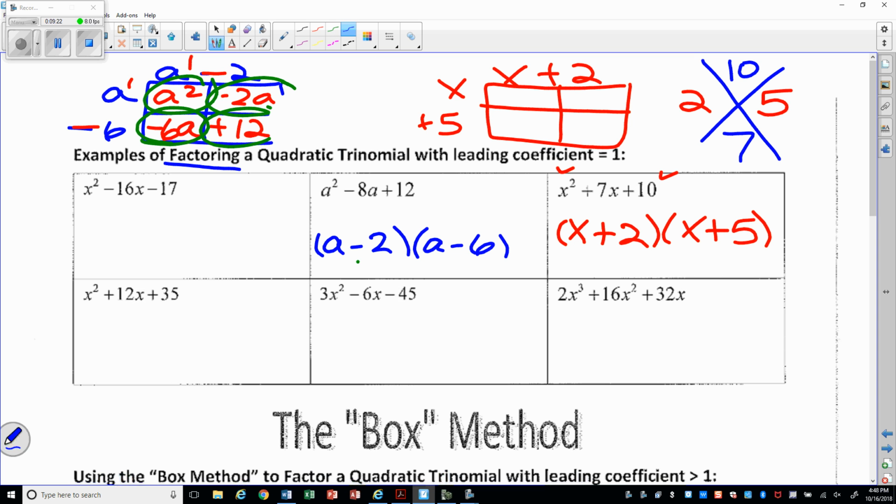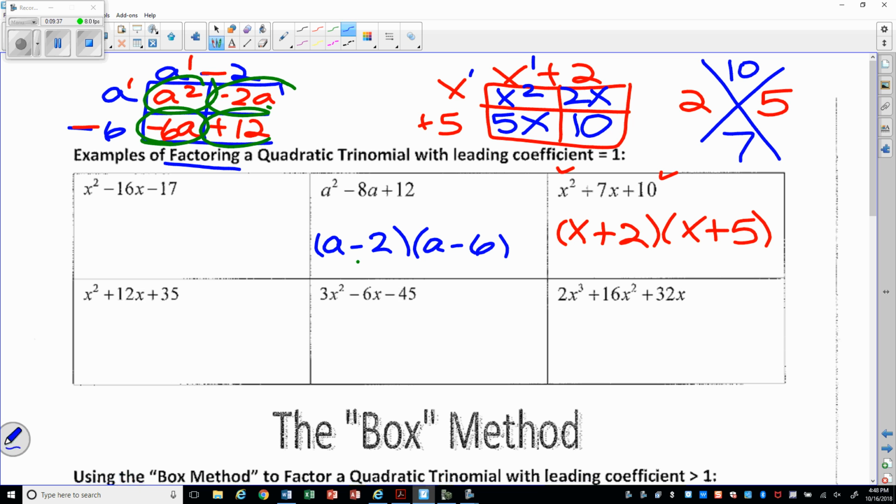And so x times x is x squared, adding my exponents. 2 times x is 2x, x times 5 is 5x, and 2 times 5 is 10.